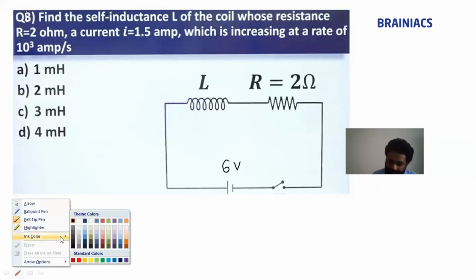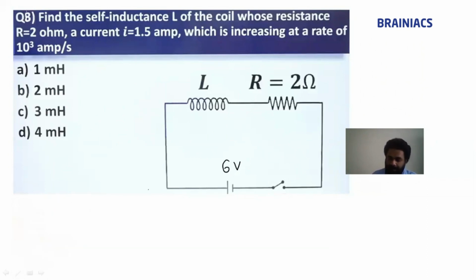The current is increasing too. Okay, so if the current is increasing, what must be the polarity? It should be connected in the opposite polarity, because current is coming like this and this current is increasing. So the polarity will be opposite.